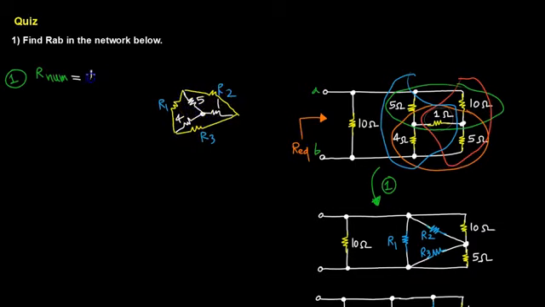So it's going to be 1 times 5 plus 1 times 4 plus 5 times 4. That's the pairwise combinations there. We sum that up, we get 9 plus 20, which is 29 ohms. So we found the numerator.